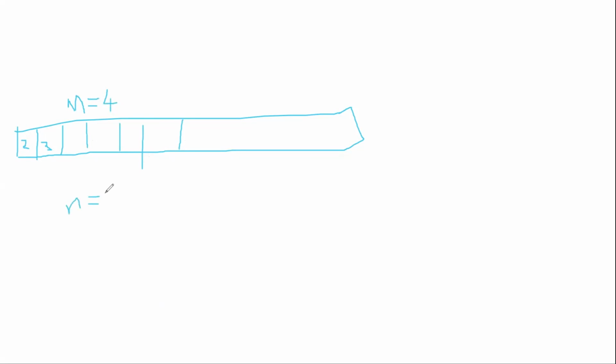N is equal to 3, and the size of nums2, the second array, is 3. So this contains just 3 elements: 5, 7, and 9. And let's say nums1 contains 4 elements: 1, 2, 3, and 4. So we don't need this.